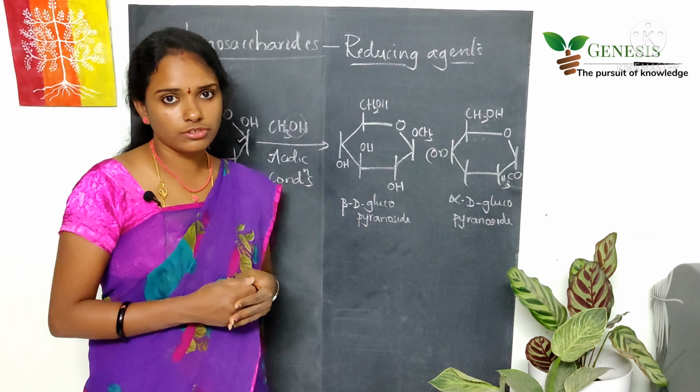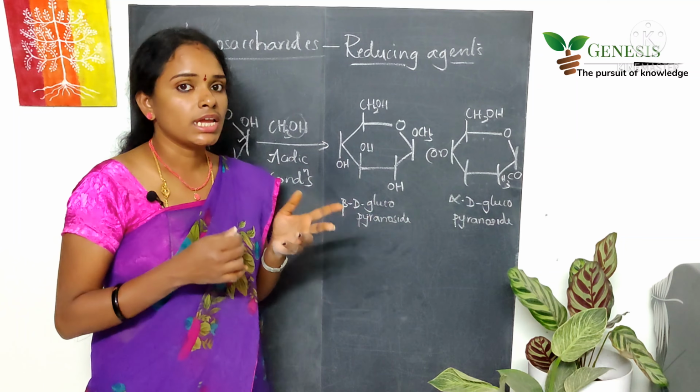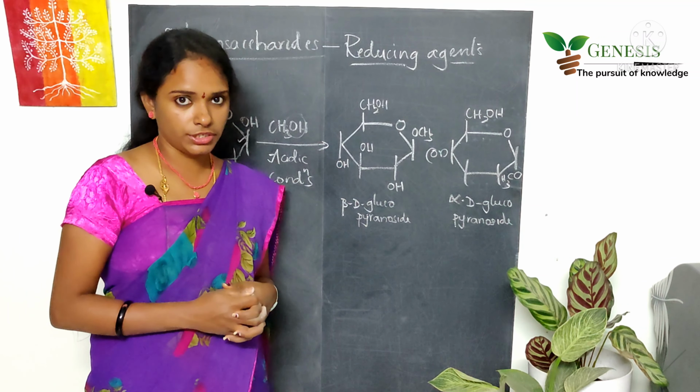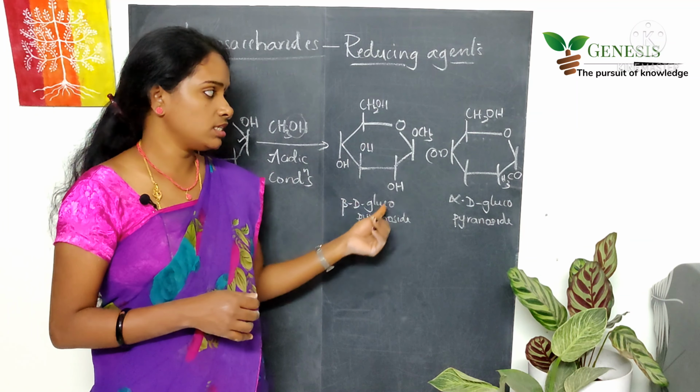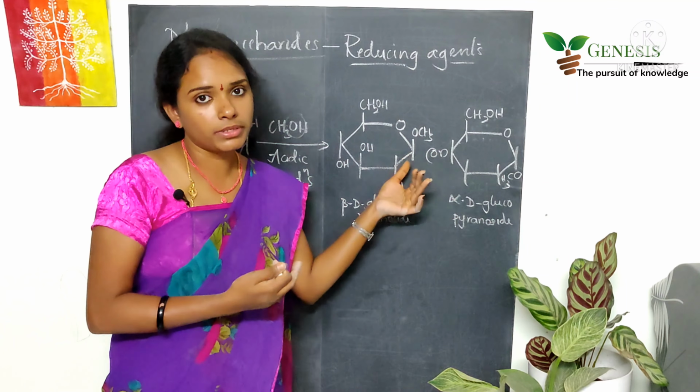Unlike the open chain structure of beta-D glucose, these methyl derivatives or methyl glycosides cannot readily undergo the reaction with oxidizing agents, because here the aldehyde group is not free to get converted to its open chain structure.